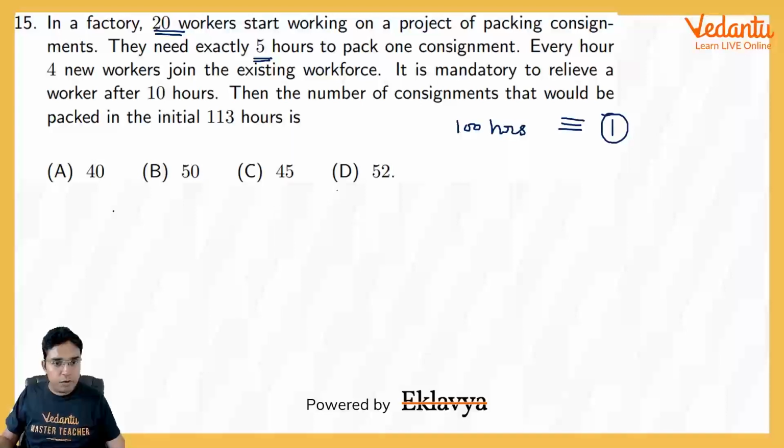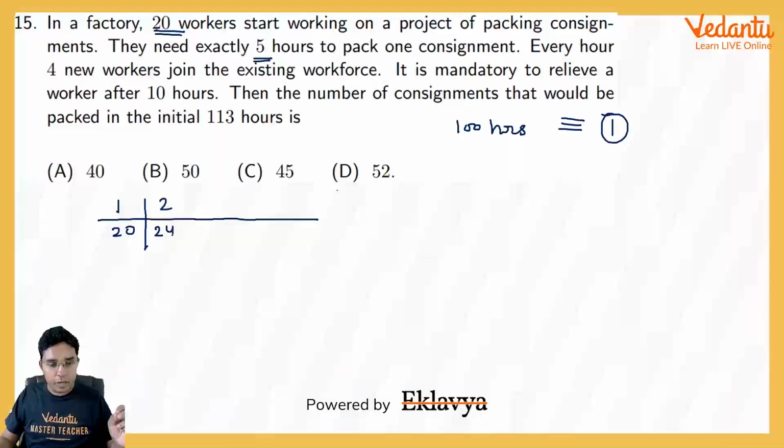So first of all, my first hour, I am having 20 workers and 20 work hours also. In the second hour or in the beginning of second hour, you can say 4 more workers will join, and in the second hour only I'll talk about 24 work hour work will be done in the second hour.